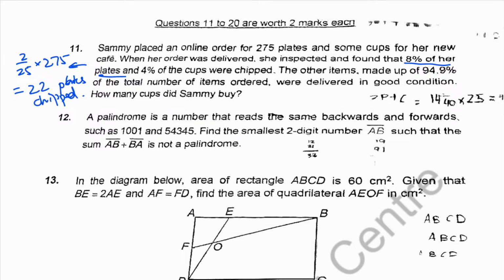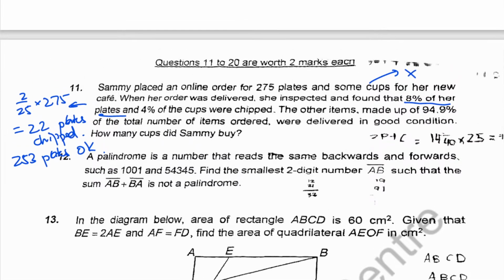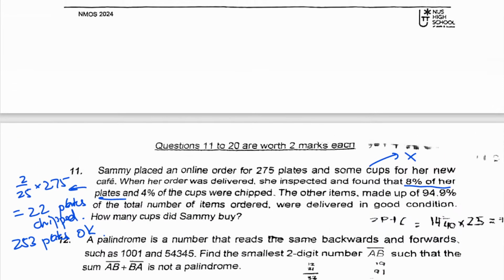Okay, so this means that 253 plates were okay. So let's say she bought X cups. Then we can write down an equation for X. I'll do it in the space above.